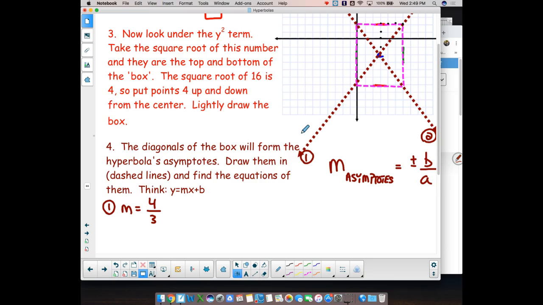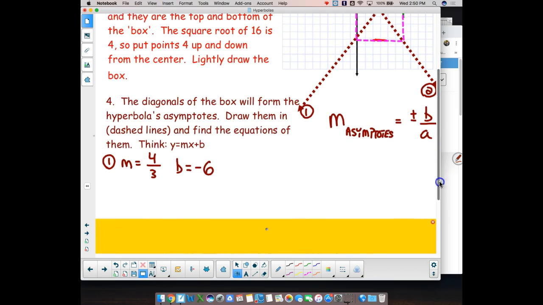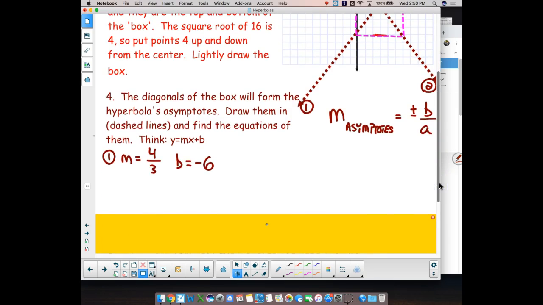So if I count 1, 2, 3, 4, 5, 6, that gives me a y-intercept of -6. So right from there, I can come up with the equation of that asymptote. So my first asymptote has the equation y equals 4/3 x minus 6.